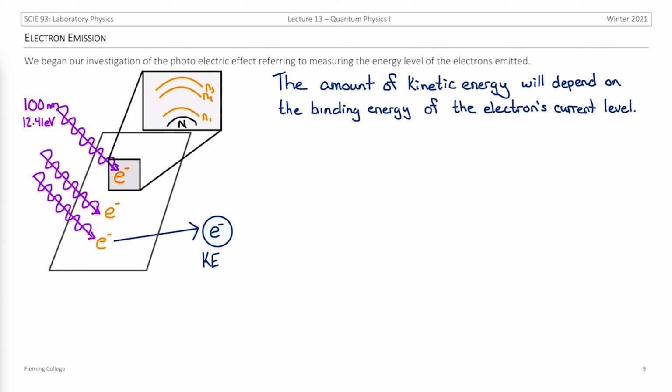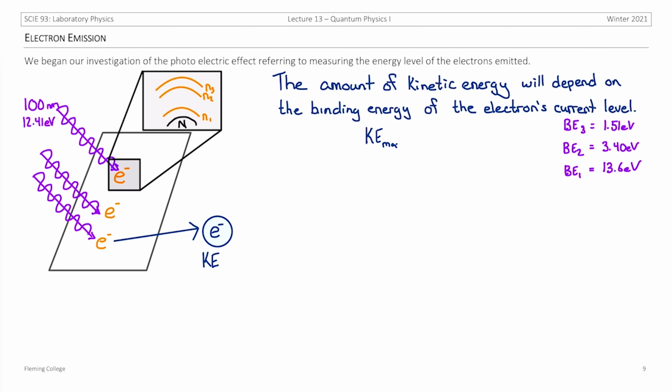The energy levels we saw gave us the magnitude of the binding energy for each atom. So for the levels we have sketched, we would have binding energies of 13.6 electron volts, 3.4 electron volts, and 1.51 electron volts. We can calculate the expected kinetic energy of any photoelectron.